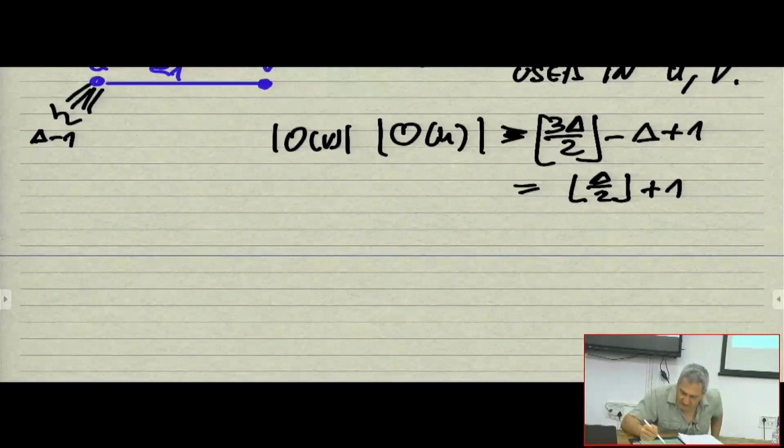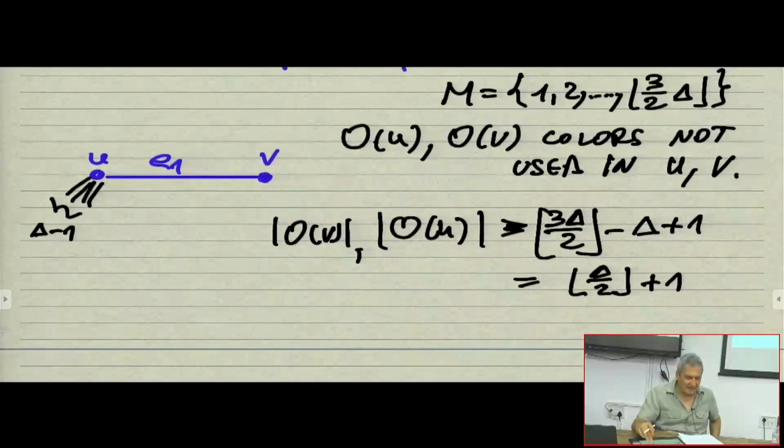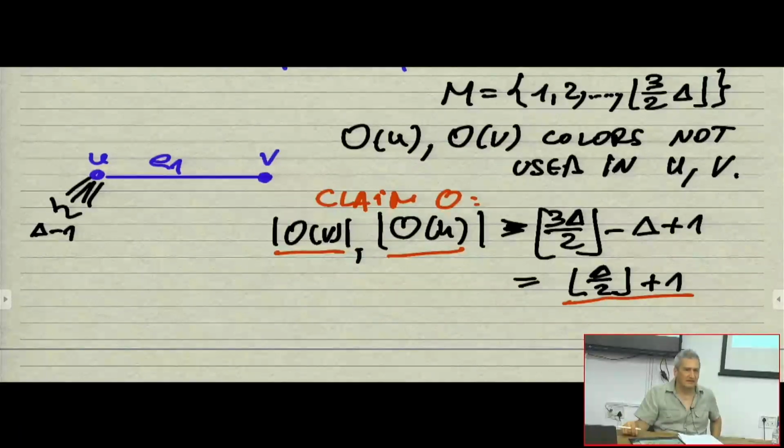For both of them this holds. So this is claim 0. Claim 0 says that these sets are of size at least delta over 2 plus 1.